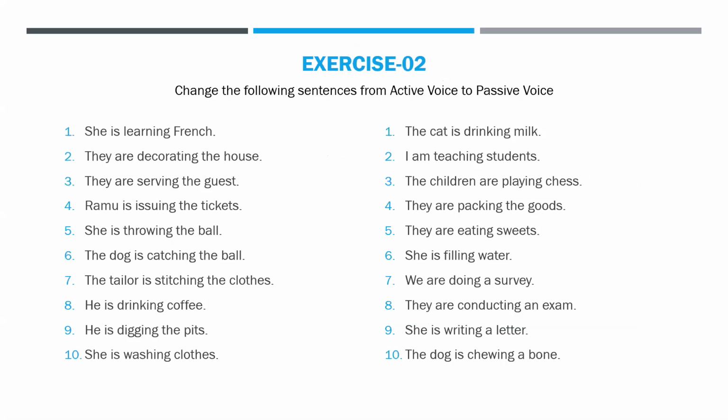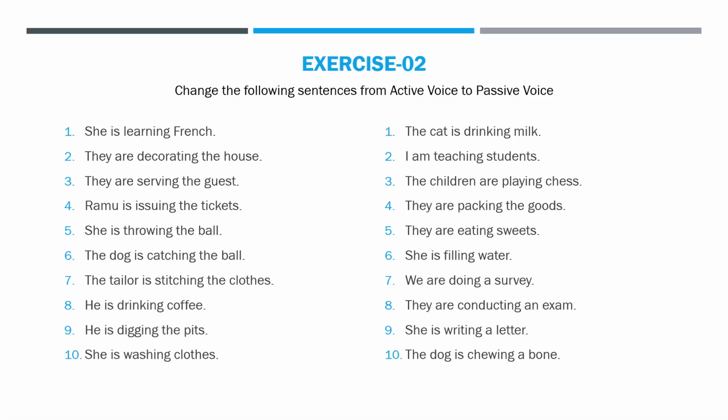She is learning French. They are decorating the house. They are serving the guest. Ramu is issuing the tickets. She is throwing the ball. The dog is catching the ball. Okay, so the tailor is stitching the clothes. He is drinking coffee.